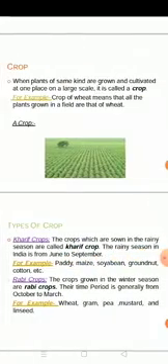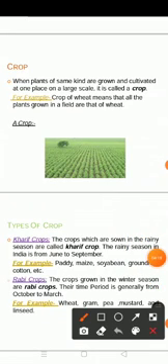So now we are coming to the crop. What do you mean by crop? When plants of the same kind are grown and cultivated at one place on a large scale, it is called a crop. You can see in the villages when we cultivate wheat or rice, it is the same kind of plant all over the field, grown on a large scale.